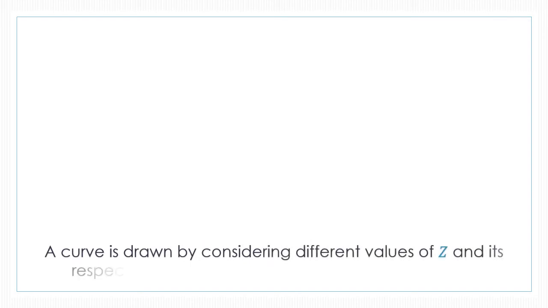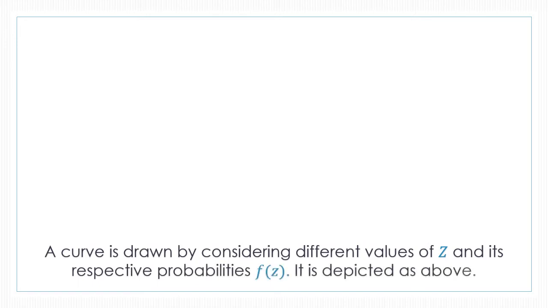We can draw a curve just like the normal curve using the variable z and its probability f(z). I will call it the standard normal curve. Because x is a normal variable, it is a continuous variable, and its curve is bell shaped.